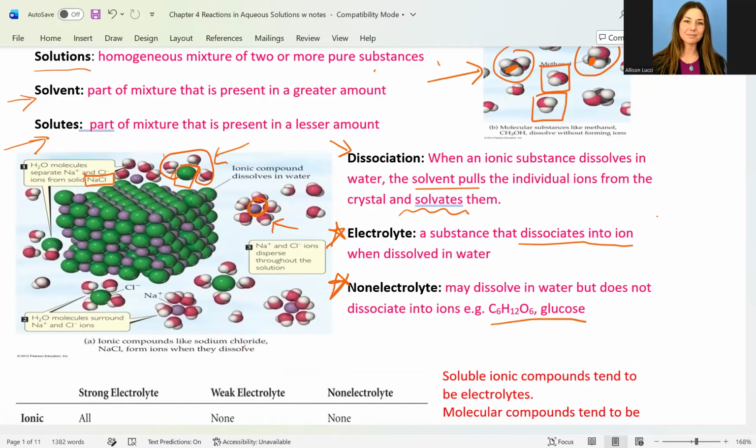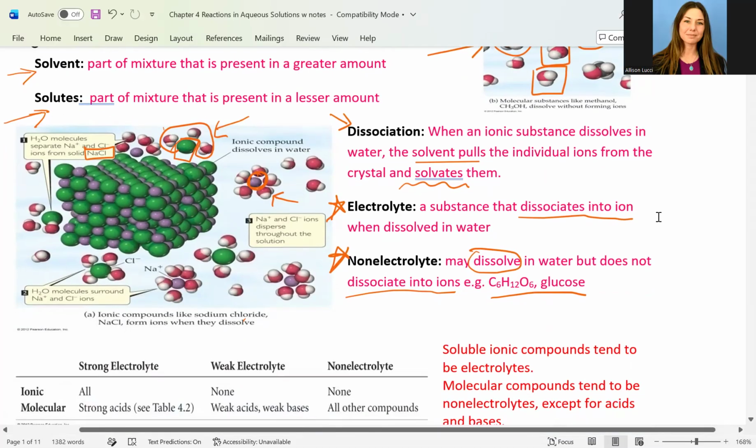They're molecular compounds, not ionic compounds, and they tend to only dissolve but not dissociate into ions. So we could see glucose or sucrose, table sugar, either will dissolve in aqueous solution, they would dissolve in water, but they won't ionize. They won't turn into carbon or hydrogen or oxygen ions.